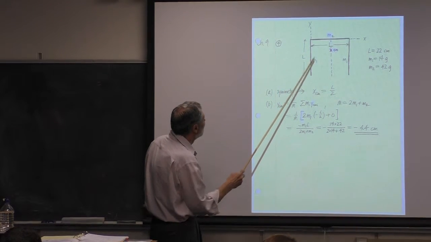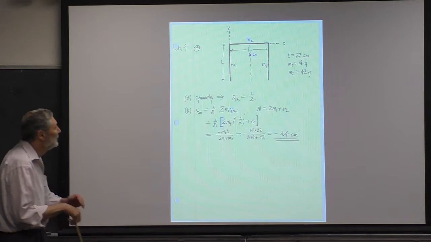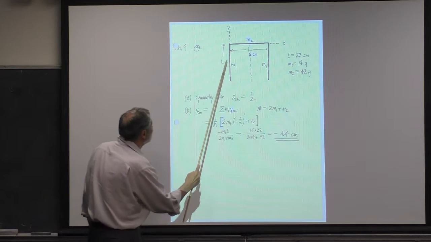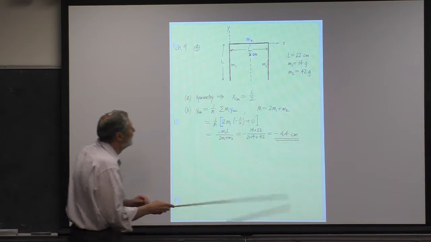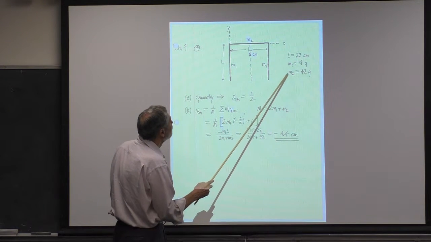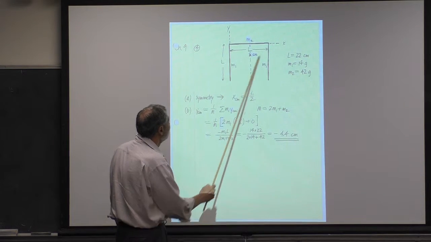The lengths are the same, so it is part of a square. The rods aren't equally massive, but it is symmetric. The mass of this rod equals the mass of this rod, but this rod is different. We're told the masses and this length L, which is the same for each of the rods.